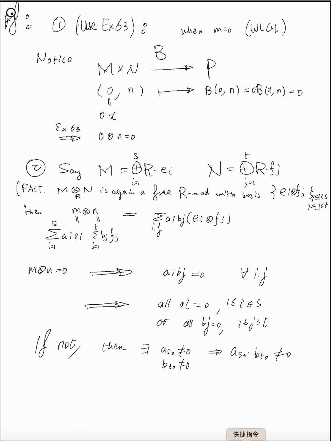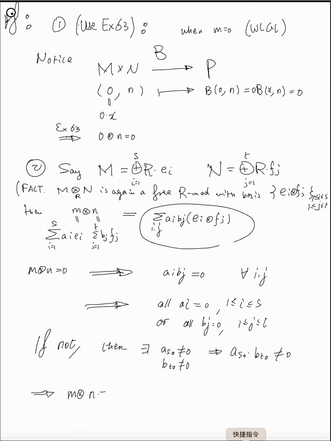But then this would imply that M tensor N is not zero, because basically you're writing a linear combination and have a basis. This is a free module, not a vector space, but you have a basis for this free module, and by linear independence, this is vanishing if and only if all the coefficients are zero.